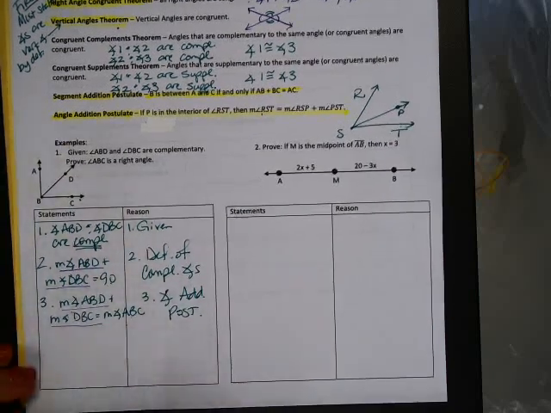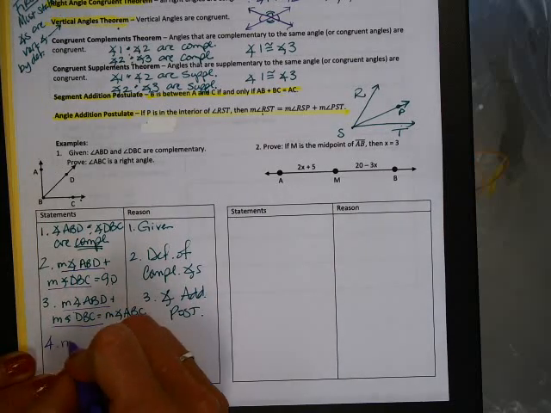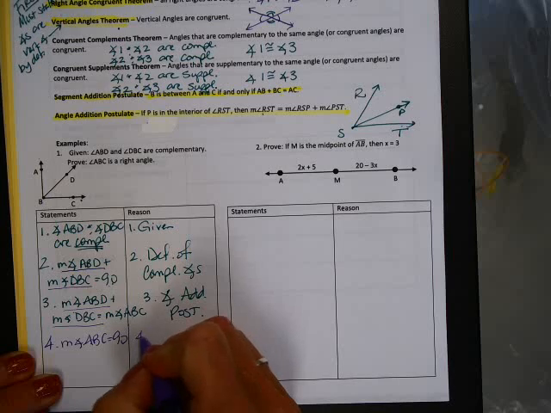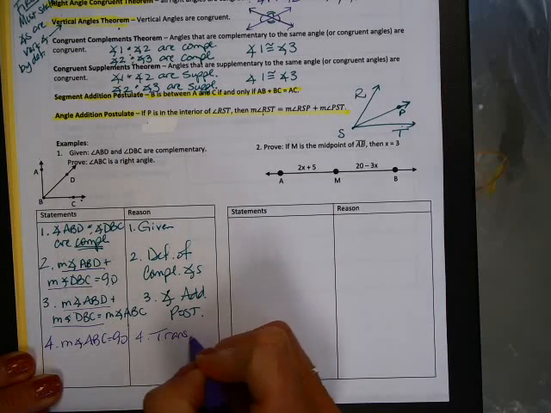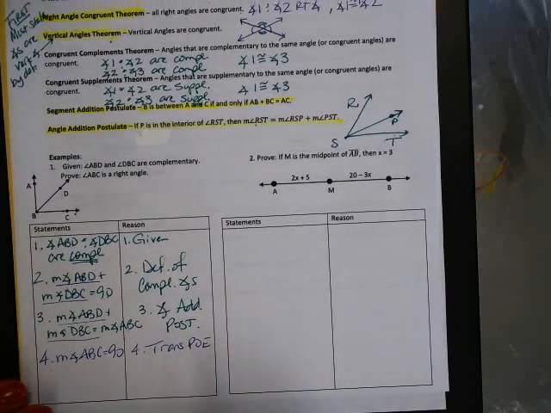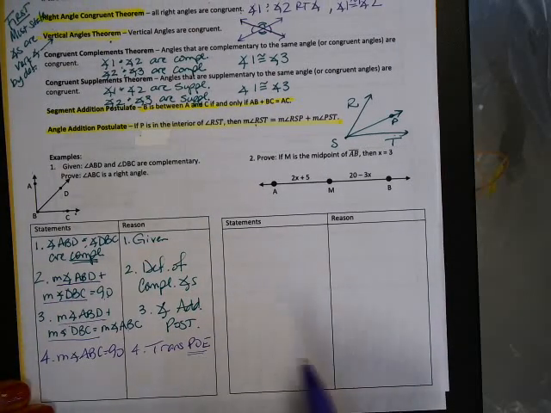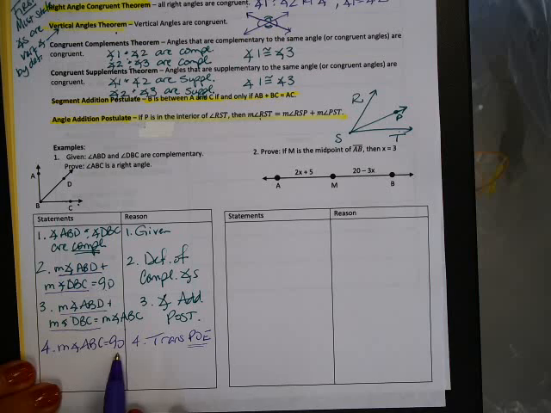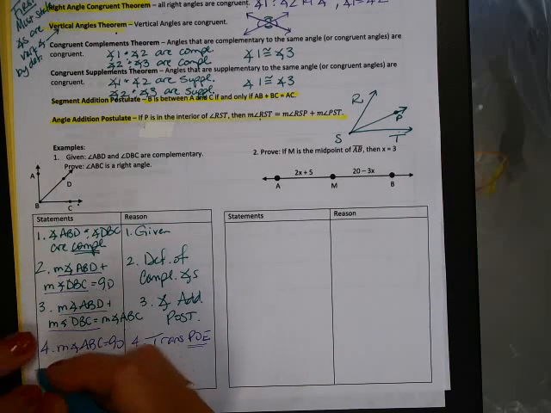So I can say, let's stay with purple, measure of angle ABC equals 90, and that is our transitive property of equality. We will also sometimes use transitive property of congruence, so make sure you write property of equality. And if the measure of an angle is 90 degrees, what kind of angle is that? It is a right angle.